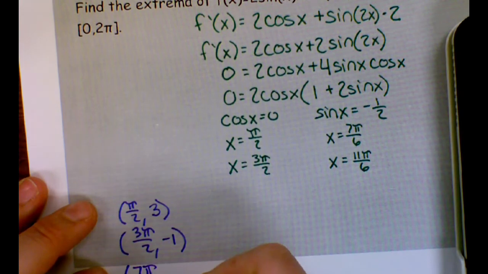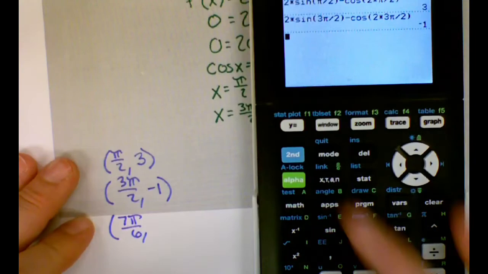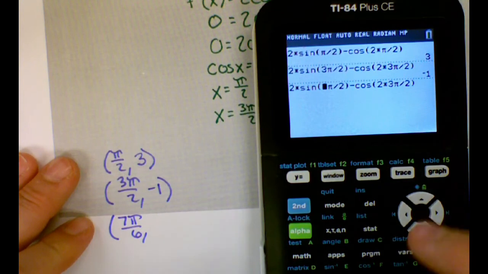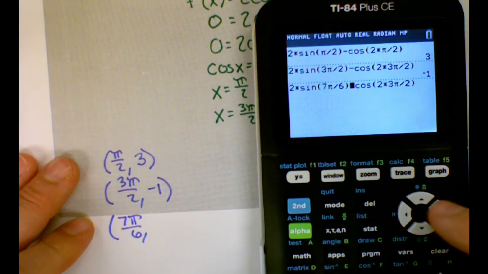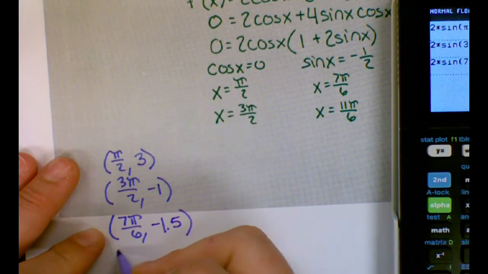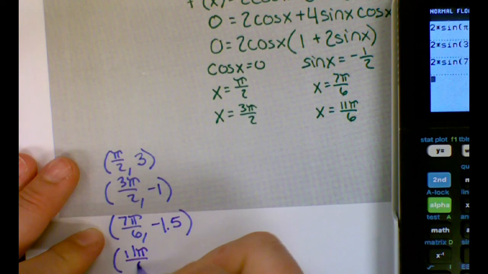7 pi over 6. Same thing. Just going to change the 3 pi over 2's to 7 pi over 6. Negative 1.5. And 11 pi over 6.